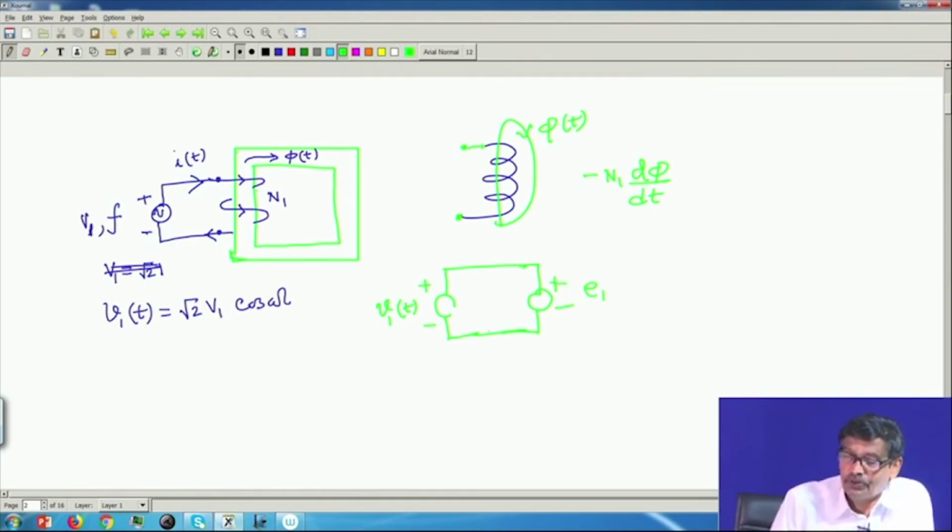The polarity of this voltage will be such that if d phi dt is positive, it will try to oppose the cause. So, its polarity will be like this. Okay. So this can now be modeled like this: the applied voltage, and there is another induced EMF.